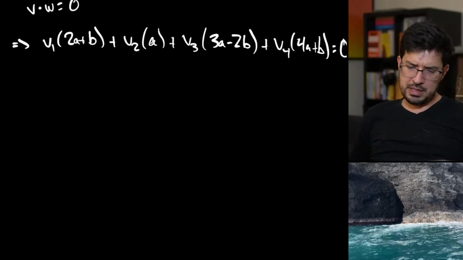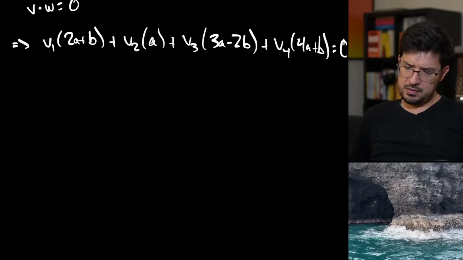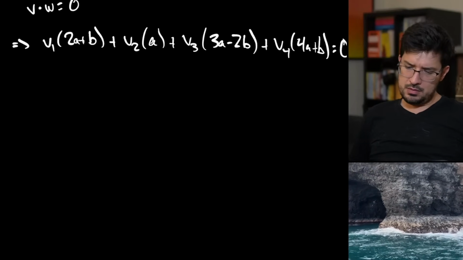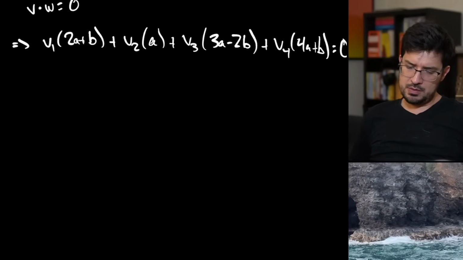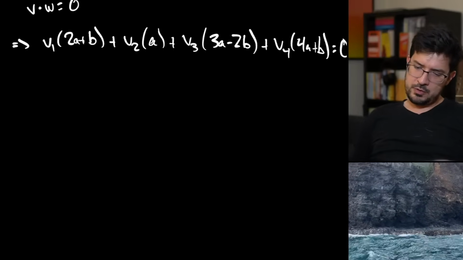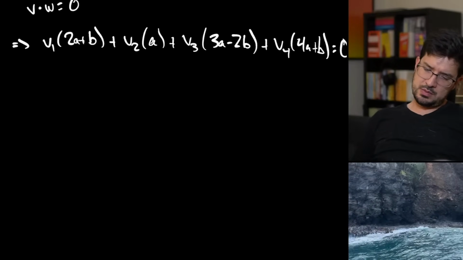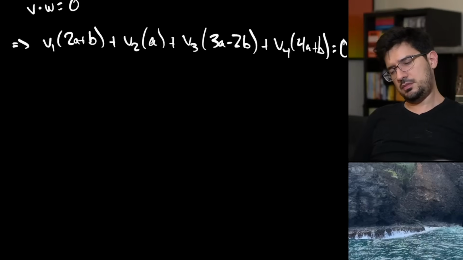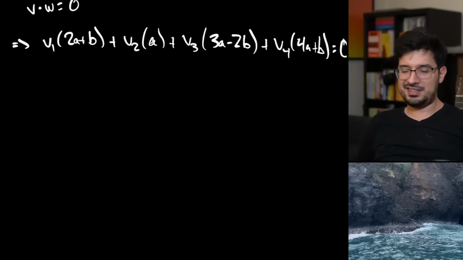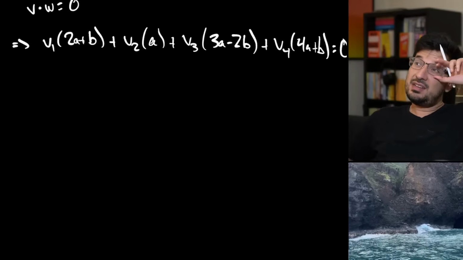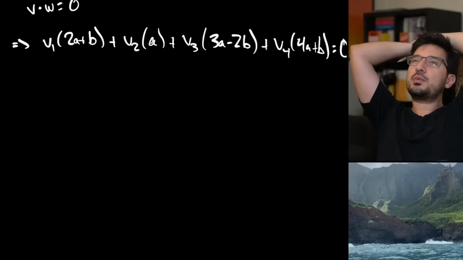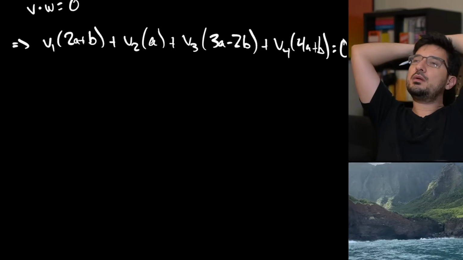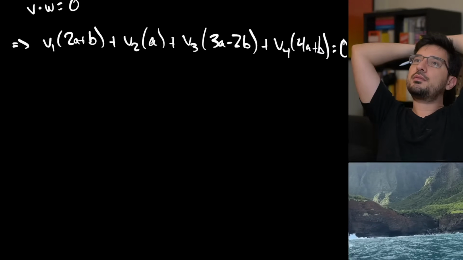Well, now we have a bunch of unknowns. We have 6 unknowns, right? We have one equation and 6 unknowns, so I don't think that's the right approach on this one. What will we do next after this?